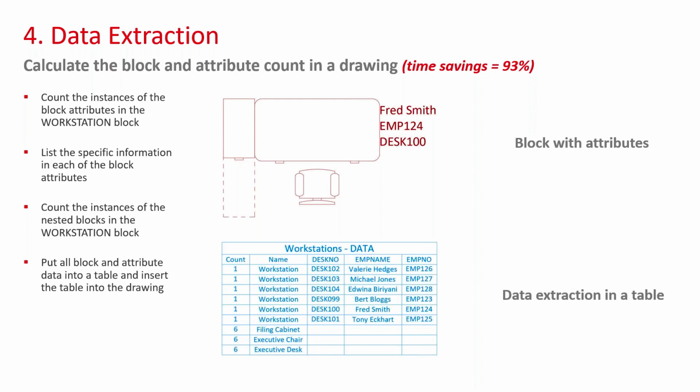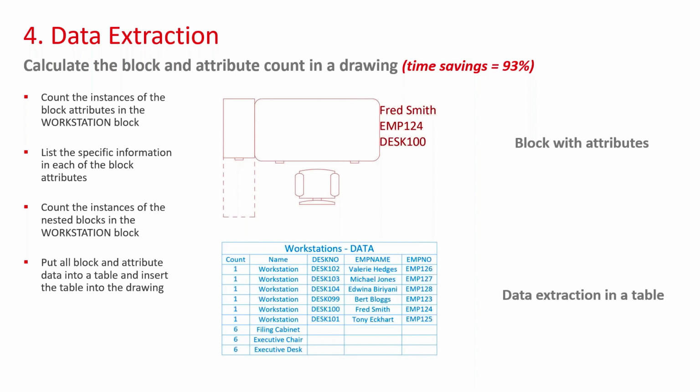So what we're going to do is count the instances of the block attributes in the workstation block. That's where Fred Smith, employee 124, is sitting at desk 100 in the slide there on the screen. And we're going to list the specific information we need from each of those blocks, i.e. the block attributes.